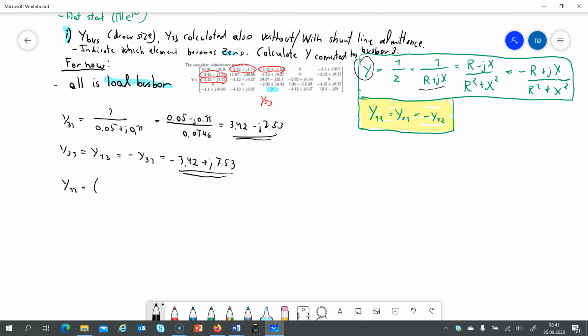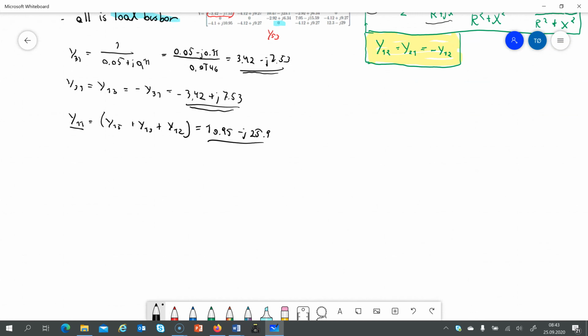So it's the sum Y15 plus Y13 plus Y12. Just fill in and you will get the value 10.95, minus j25.9. Remember that this is a plus value now, and the off-diagonal is negative.